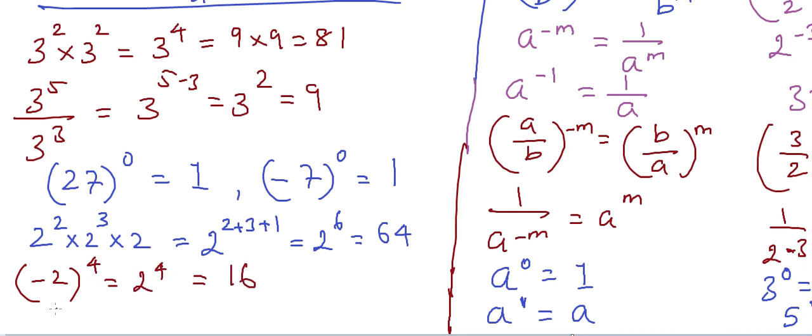But when the base is negative and the power is odd, let's say 5, 5 is an odd number, in that case the result is negative. So this can be written as negative of 2 power 5, which is equal to minus 32.